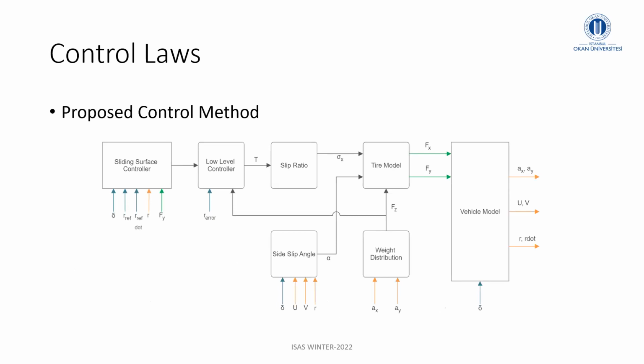The proposed control method involves a sliding surface controller which outputs a desired yaw moment to the low-level controller, which takes the yaw rate error as input, and this eventually drives the tire model.